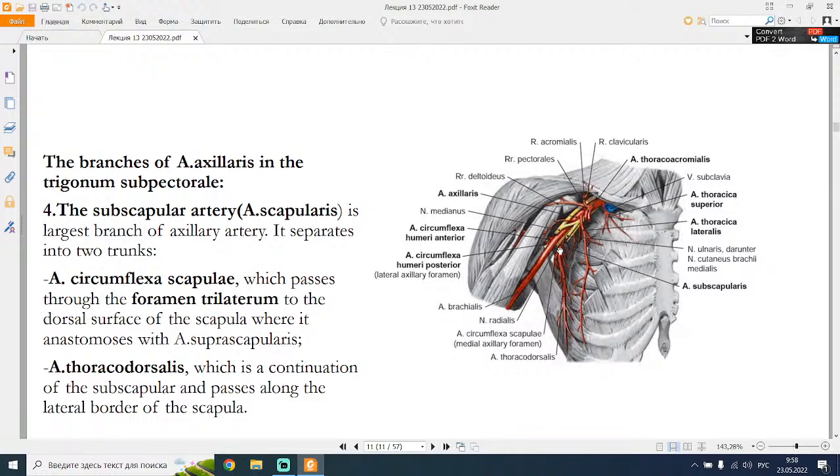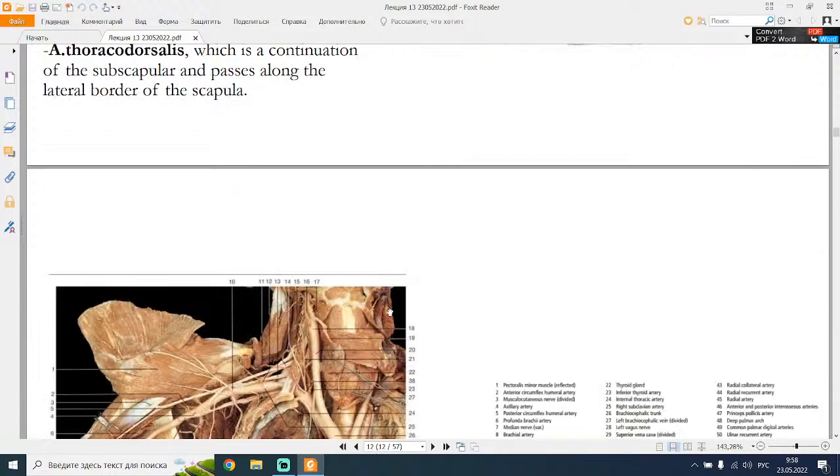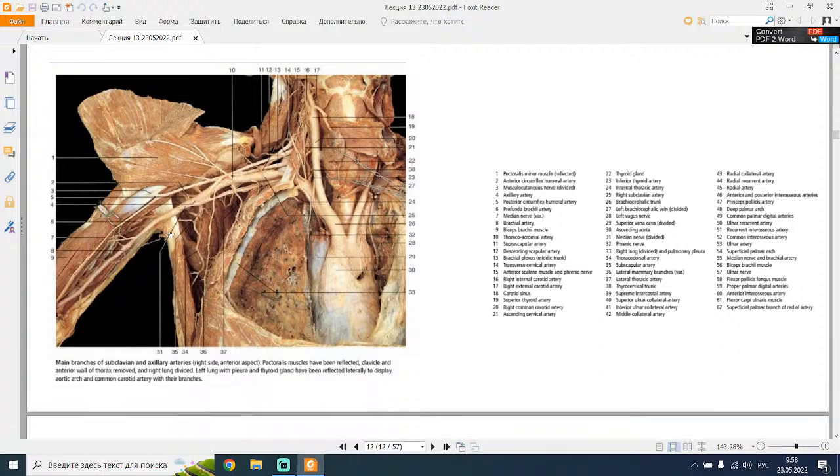Arteria subscapularis, arteria thoraco-dorsalis. Arteria axillaris, arteria subscapularis, arteria thoraco-dorsalis, arteria axillaris.